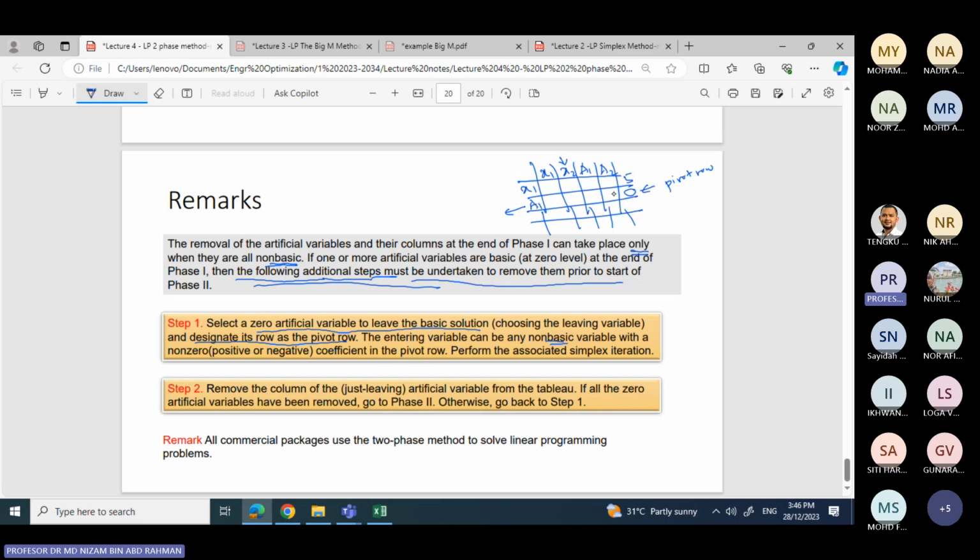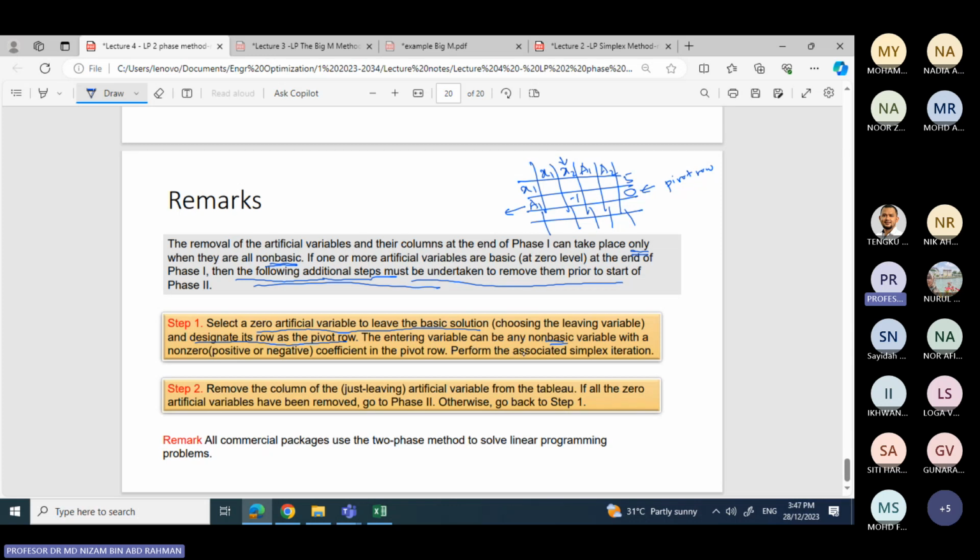So in the pivot row, this x must have a value. It can be -1 or +1, doesn't matter, as long as it's not 0. If this is 0, then you have to choose other non-basic variables, if any. So that's what it meant. The entering variable can be any of the non-basic variables with non-zero, positive or negative coefficient in the pivot row.